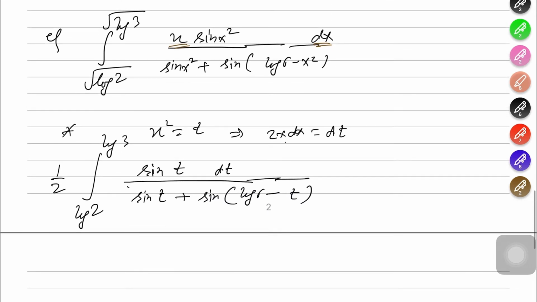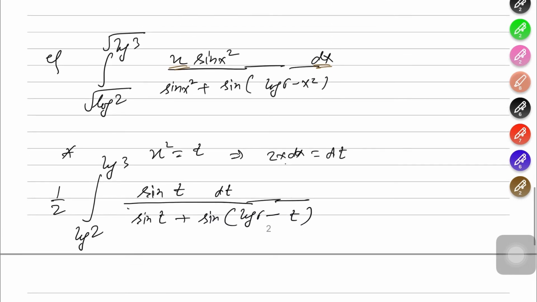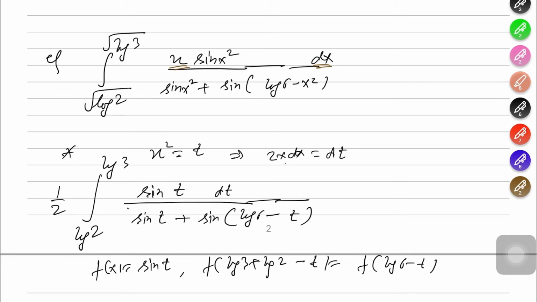So we can write, let's say f(t) is equal to sine t, and what is f(log 3 plus log 2 minus t)? That is nothing but f(log 6 minus t), and that is sine of (log 6 minus t), which is clearly the same as this function.